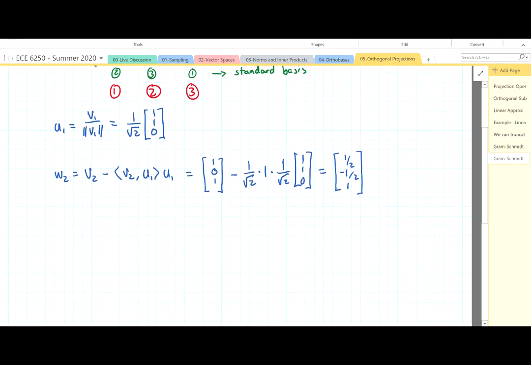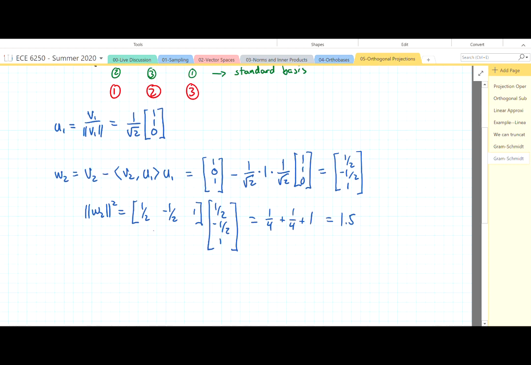So what do we need to do? Well, let's find out what the norm of W2 squared is going to be. 1/2, minus 1/2, 1 times 1/2, minus 1/2, 1 will be 1/4 plus 1/4 plus 1, which is equal to 1.5.